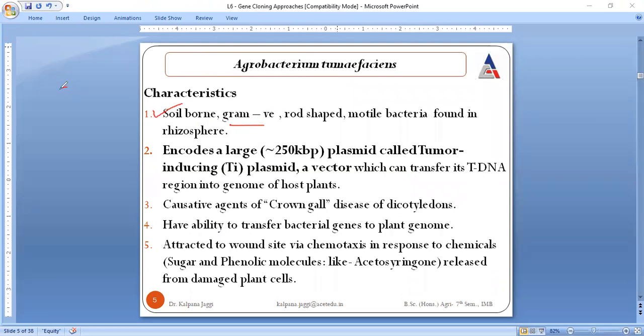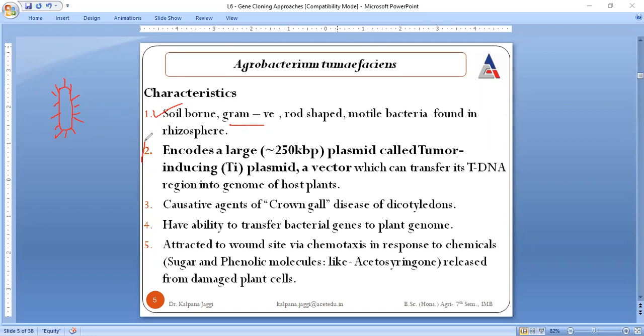If we talk about its shape, it is rod shaped, and they have flagella, locomotory organs, on their surface. As a result, it is a motile kind of bacteria. So it is available in the soil, gram negative, rod shaped and motile because it has locomotory organs on its surface.